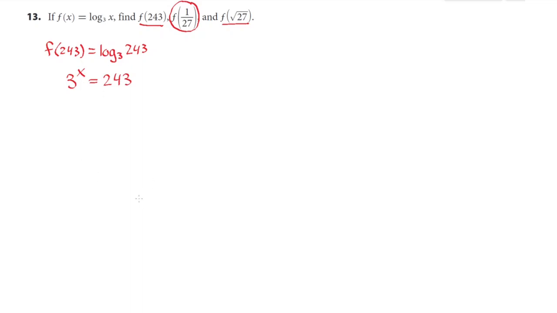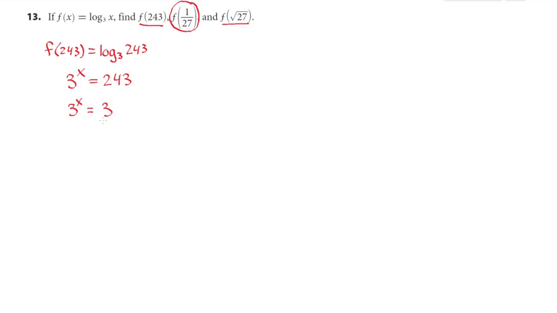So I'm going to write my work like this, and you've seen this in the notes, right? So I want to rewrite 243 as 3 to some exponent. Whatever exponent I can get here, that's going to be my answer. So 3 times itself, how many times gives us 243?